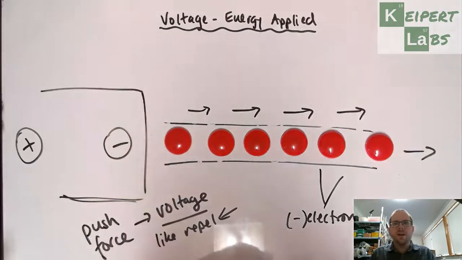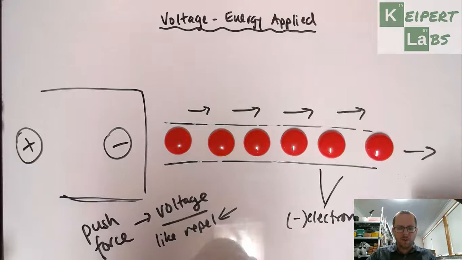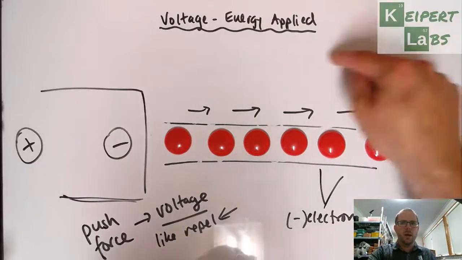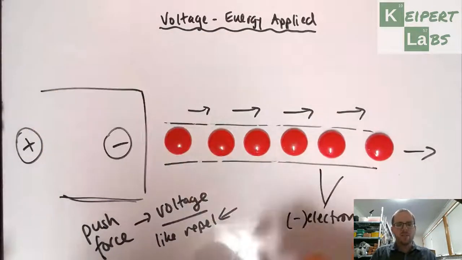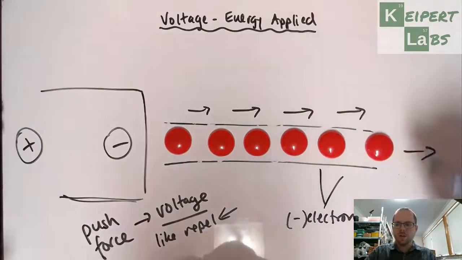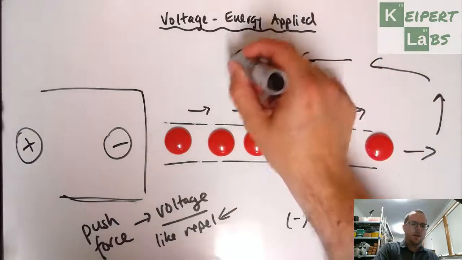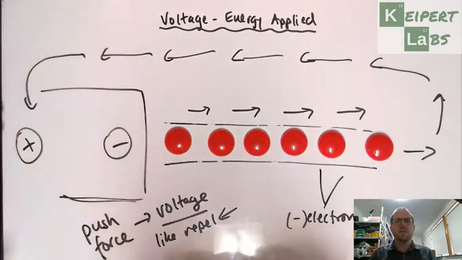Now we know that an electric circuit needs to be a closed loop. It has to flow all the way back around to the positive side here. So there's a bit of attraction that goes on towards this positive end over here.